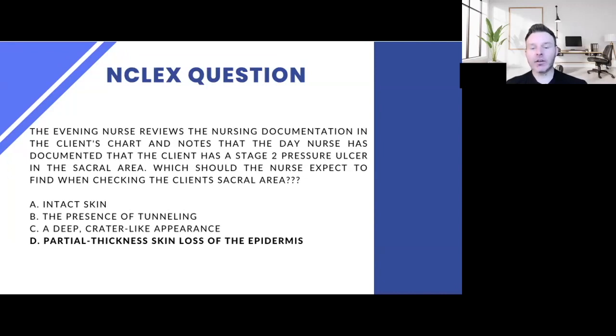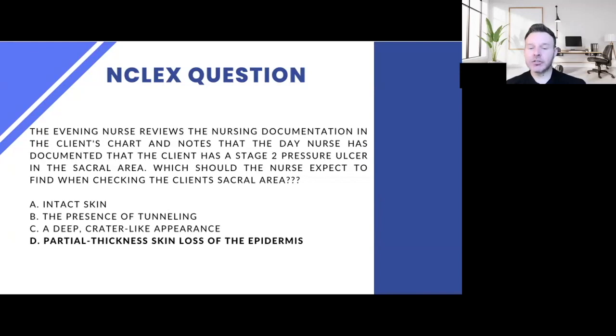C, a deep crater-like appearance. Deep craters are going to be very deep wounds. The deeper it goes, the more chance it's going to expose the muscle, fascia, the tendons, those sorts of things, which are common in stage 4. A partial thickness skin loss of the epidermis is something we would expect with a stage 2 pressure ulcer or pressure injury.